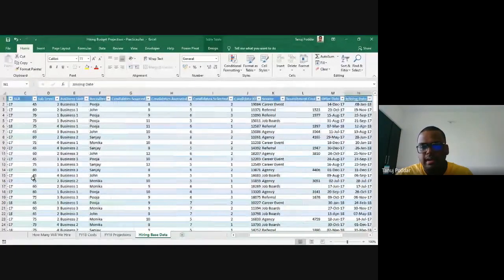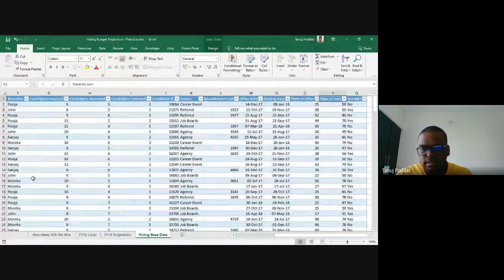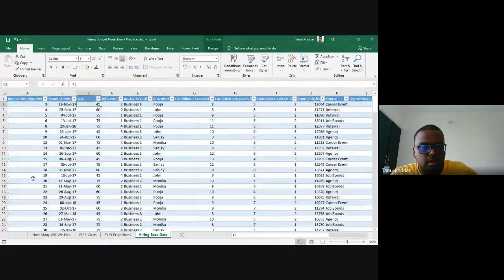I'll go to the next 2-3 columns just to give you an idea of what is captured here, though it is not something that we'll be using. For this person that we hired against this position, this is the date on which we offered, this is the date on which the person joined, and this is the time to join, time to offer, and whether the time to join was within the SLA that was committed at the beginning.